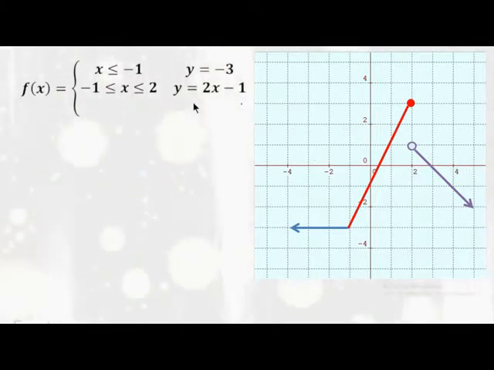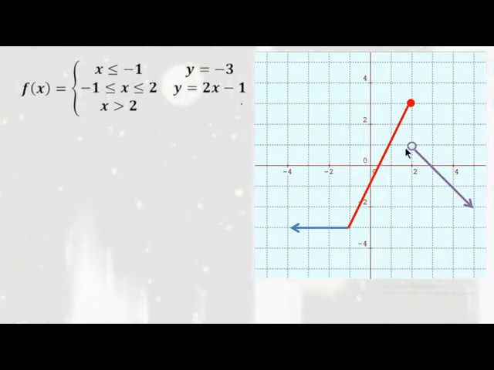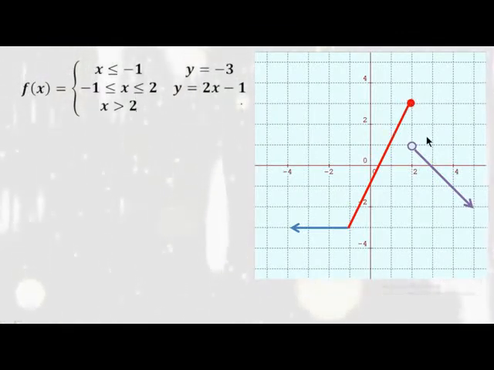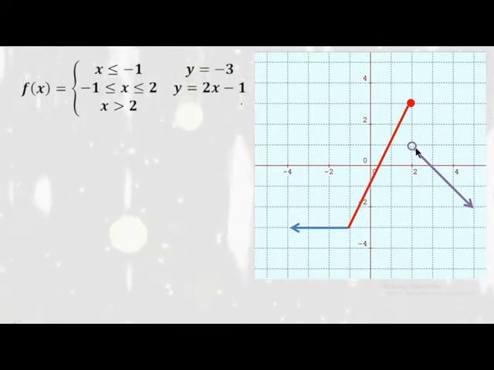So the domain is x greater than 2. Since this is an empty dot, we don't use equal here, only greater than. If it is a filled dot, we use equal. If it is an empty dot, we don't use equal.